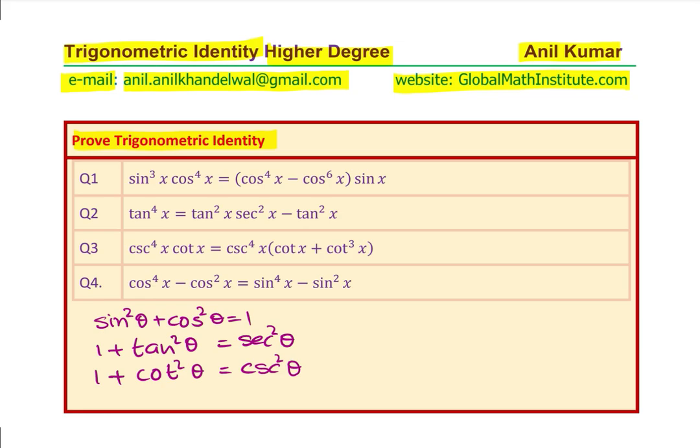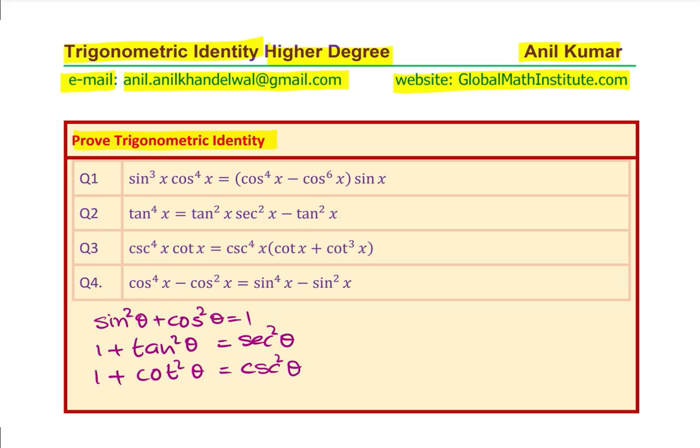Now these Pythagorean identities can be rearranged and then utilized to prove the above identities. I'd like you to now pause the video, answer the question, and then look into my suggestions.